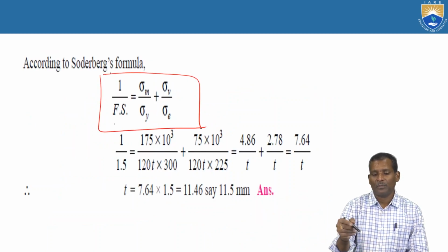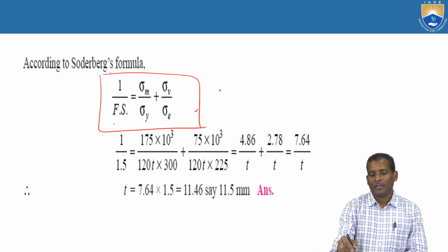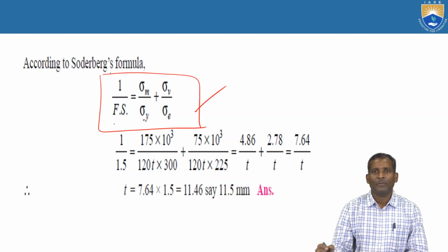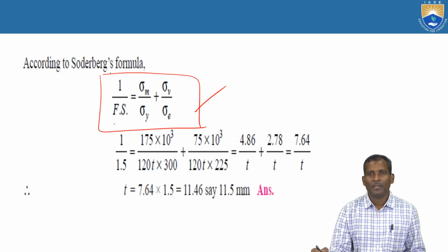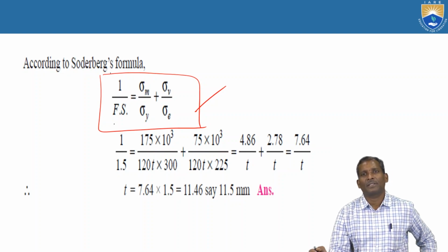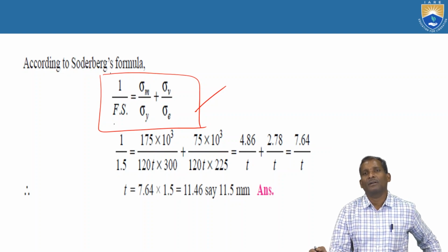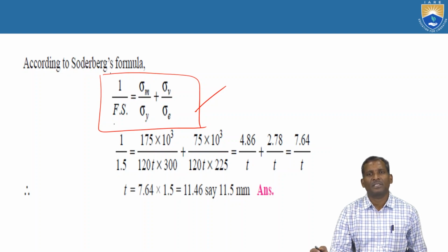Now we apply 1 by factor of safety is equal to mean stress upon yield stress plus sigma V by sigma E, variable stress upon sigma E. Here no factors are given, so you are not considering any fatigue stress concentration factor or other endurance stress factors.